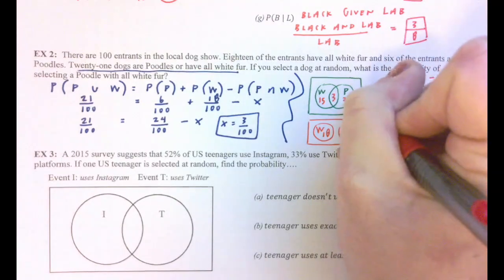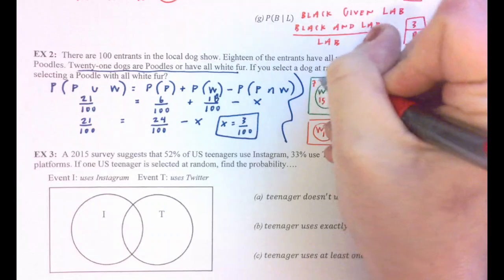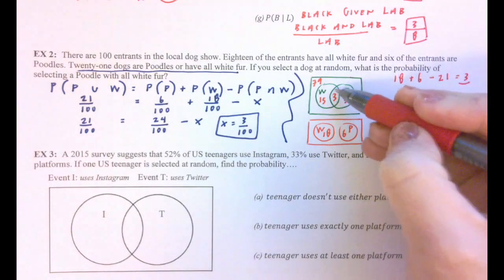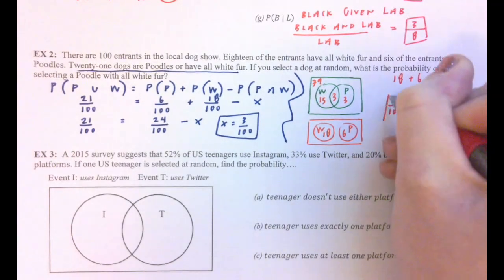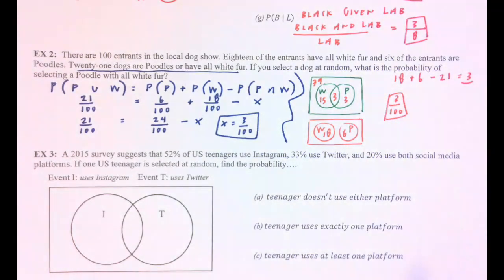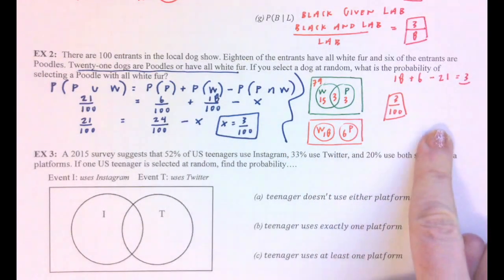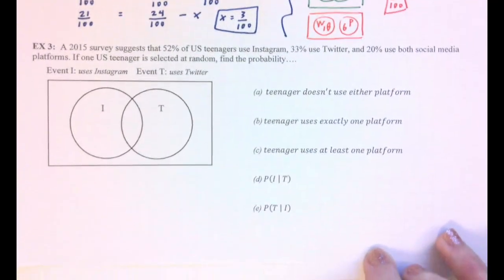I'd have 3 that are poodles, but not white. And there must be 79 other dogs that are neither of these two things. So this is just a way to visualize it and see again, we're getting to 3 out of the 100 total. Both of these options work. It just depends. Do you like the structure of a formula, or do you like the visualization of the Venn diagram? All right, next up.